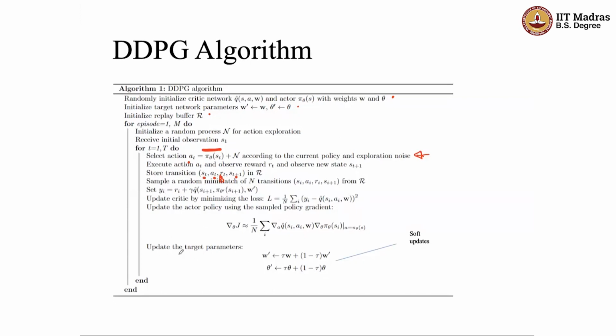Essentially, these are transitions sampled according to whatever is the current behavior pi theta, and then it is corrupted by some noise. But what would be the target here? It will be the action selected according to the current setting of the target network.